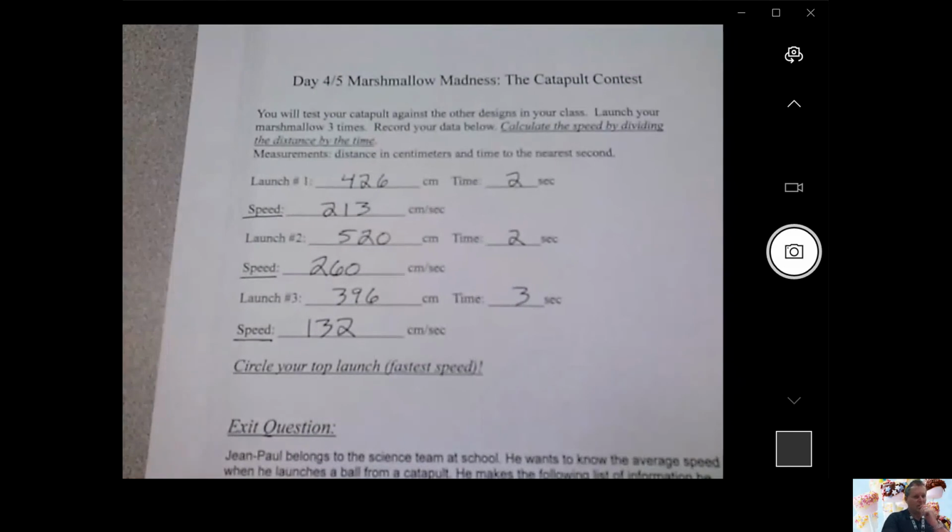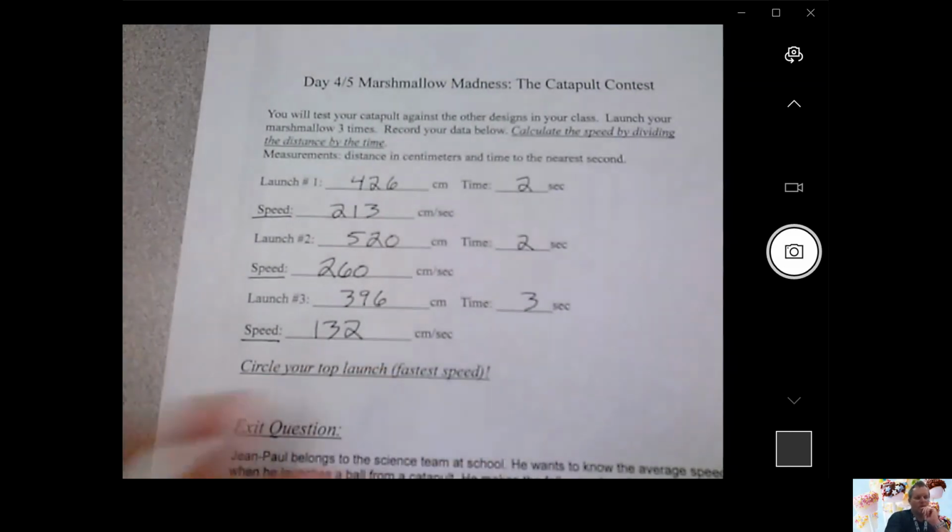And like I told you, I did notice, and that's a very cool thing, make sure you record your data, but also record anything out of the ordinary that might happen. How did the launch go? Did it go straight? Did it go to the side, left or right? Did it go further up in the air? I noticed on this one, it went further up in the air like an arc.